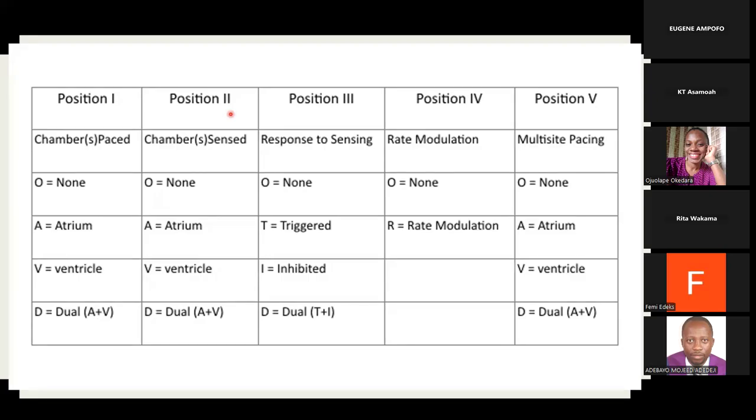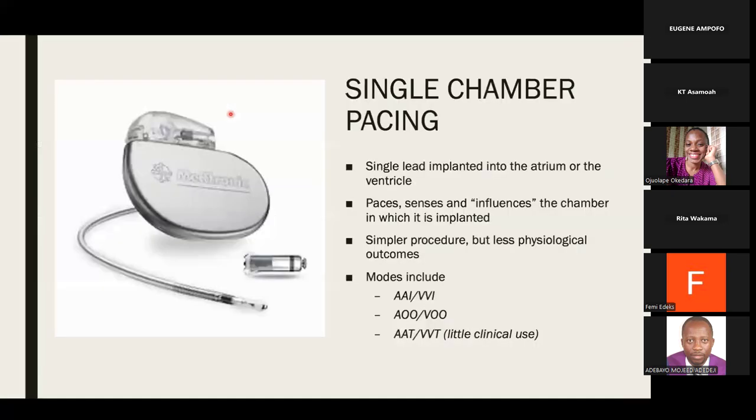Then it's a T. Should it inhibit capture? Then it's an I. Should it do both trigger and inhibition? Then it's a D. For some pacemakers, you will have a rate modulation function, where the pacemaker senses the body's activity and increases the rate of firing in line with it. This is basically what the pacemaker nomenclature is about.